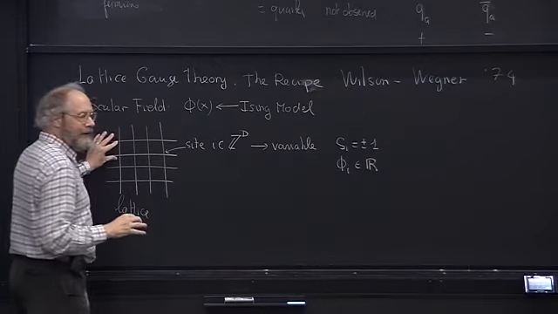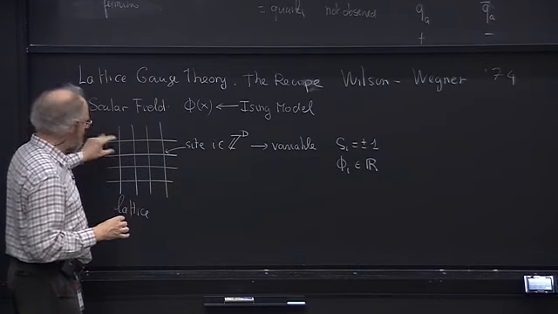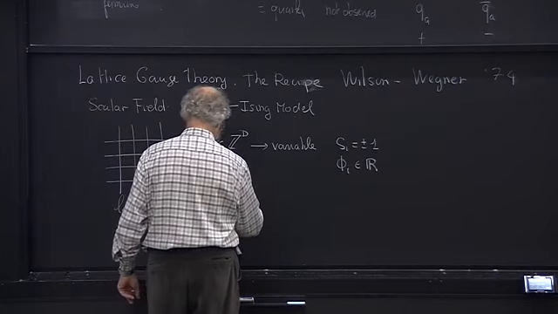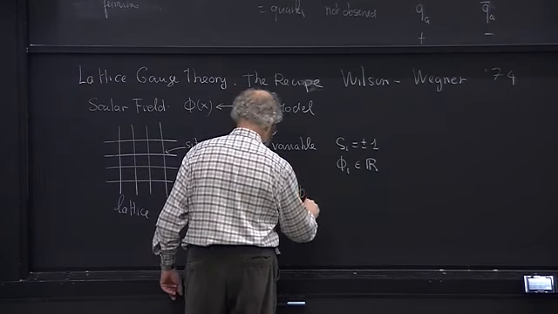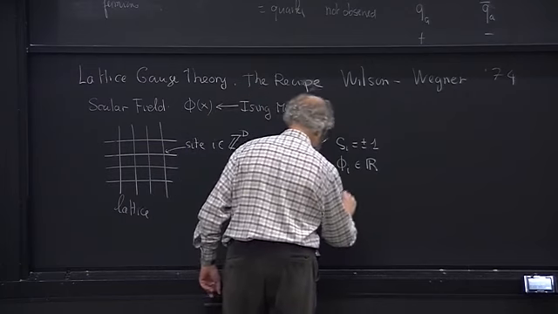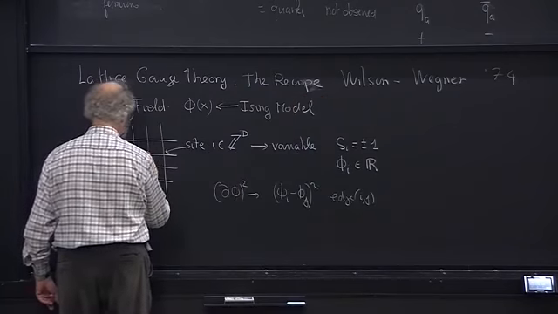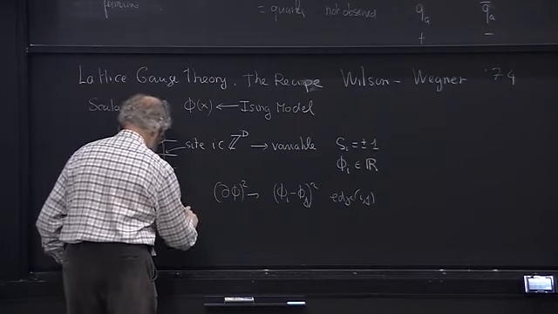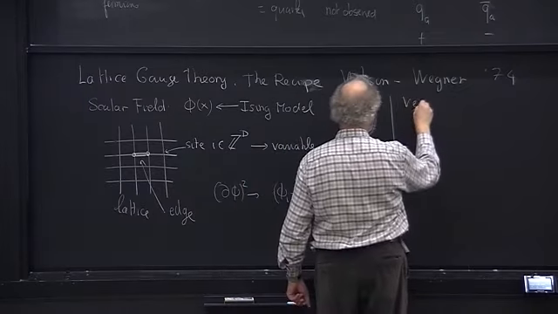And then you write an energy functional by taking derivatives. So you write, for instance, that (dphi)² is going to be (phi_i minus phi_j)² for an edge ij. So the coupling is associated to the edge. Now for the gauge field, things are different because this is a vector field.